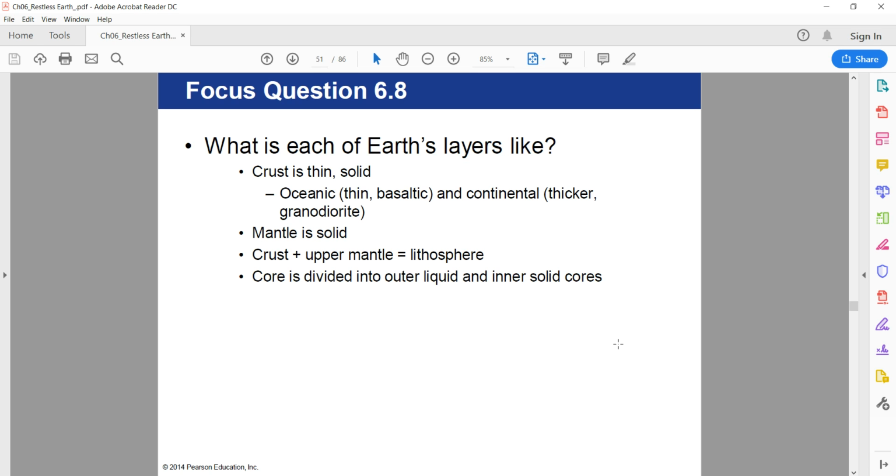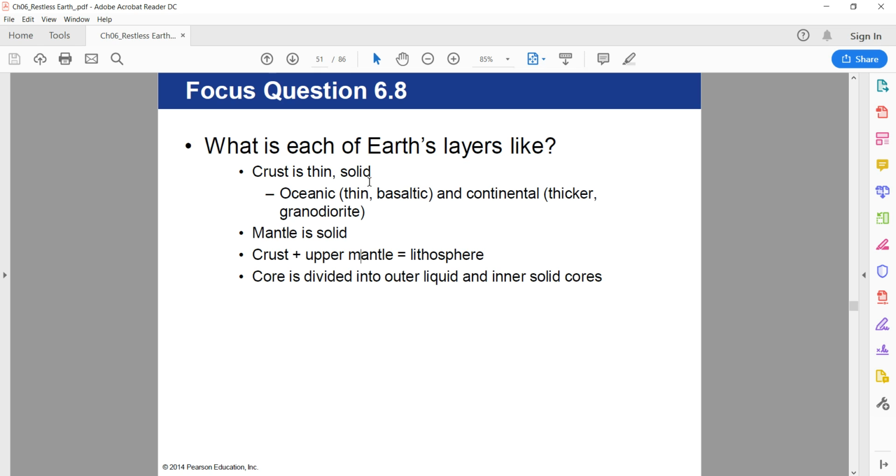Another review, what is each of Earth's layers like? Crust is thin, solid; oceanic crust is basaltic in nature. Continental crust is thicker, but you can just think of it as granite or granodiorite. Mantle is solid. Crust and upper mantle together are called the lithosphere.